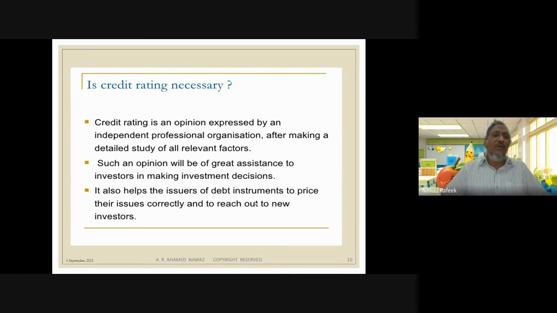After going through all the relevant factors, they give their opinion, the rating. Such an opinion will be a great assistance to investors in making investment decisions. A loan is an investment. Giving a credit facility is the lender's investment in the customer.